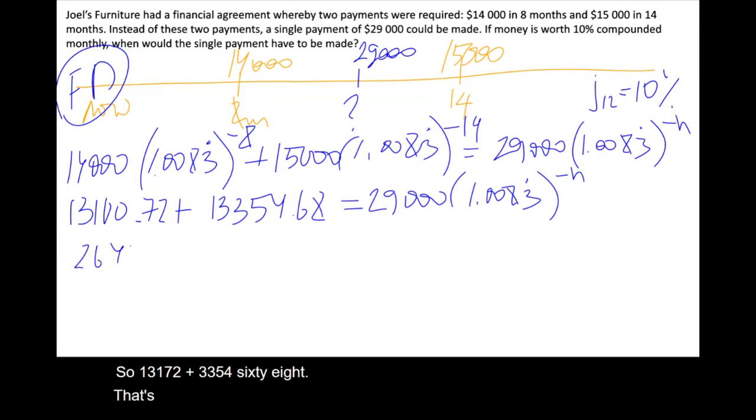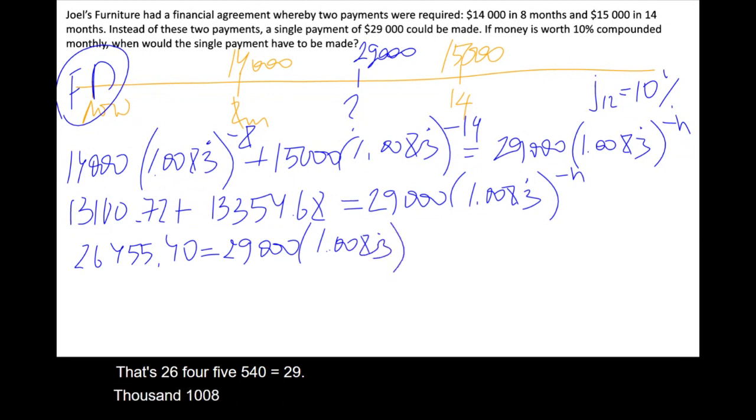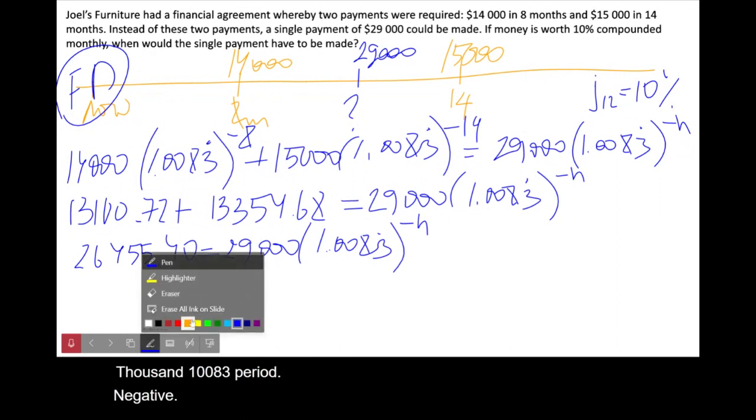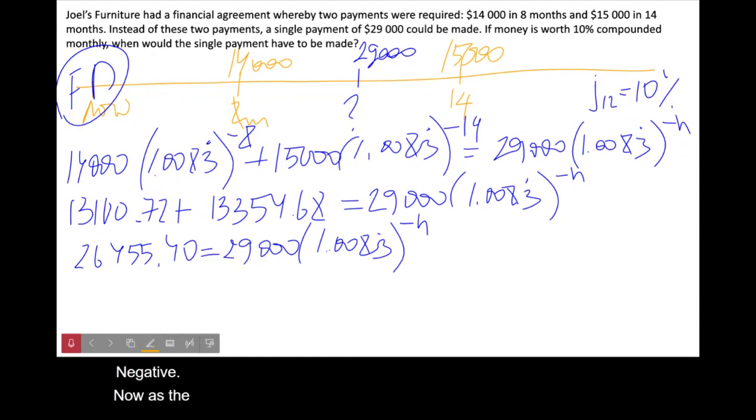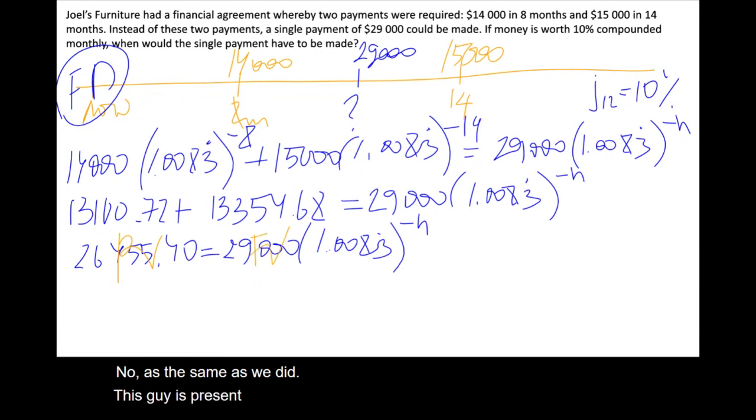That's 26,455.40 equals 29,000, 1.0083 period negative n. Now, the same as we did, this is present value, this is future value.